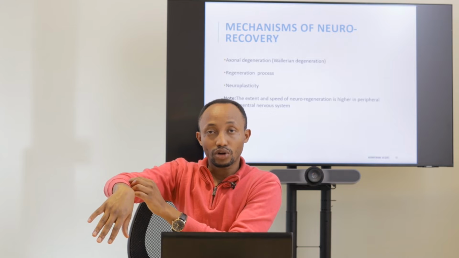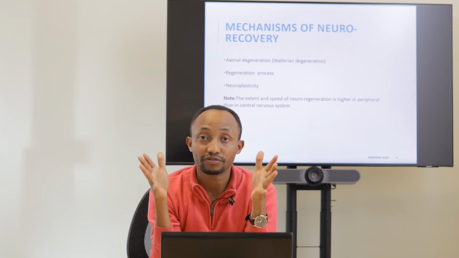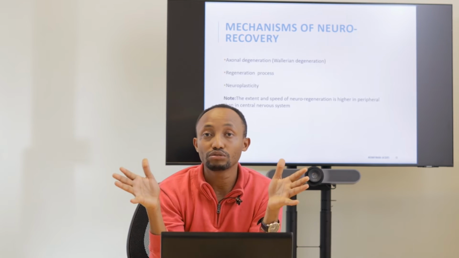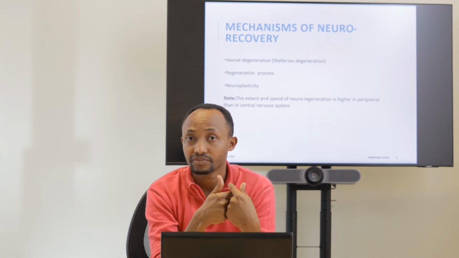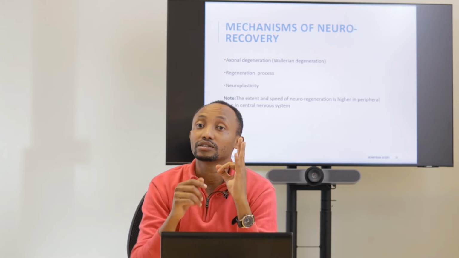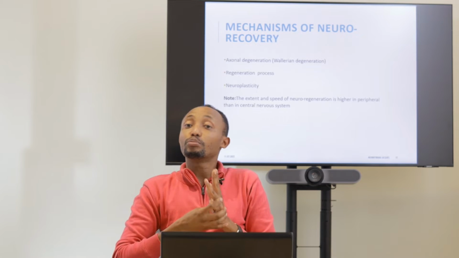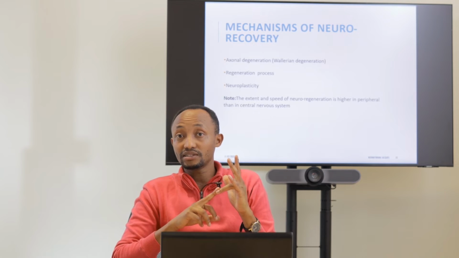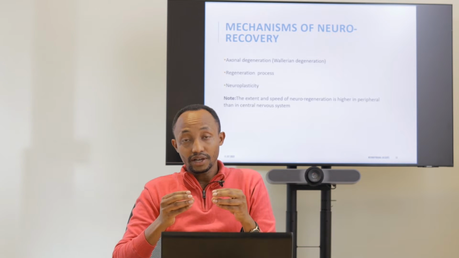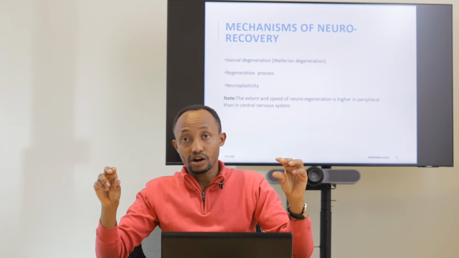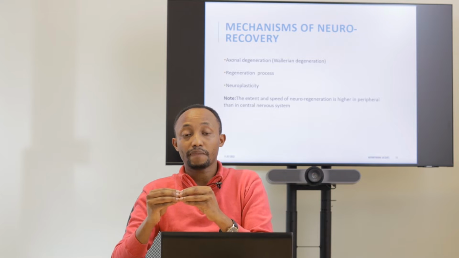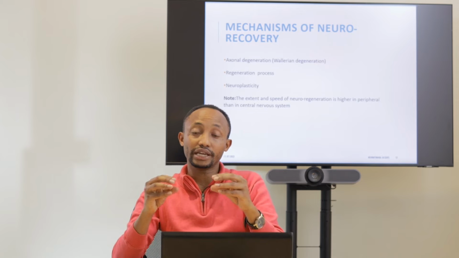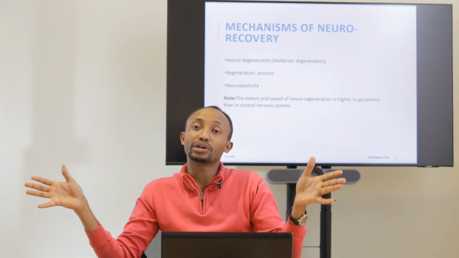That insult occurs depending on the degree of the injury. It can be a partial tear, a full tear, or just a compression. Like I just said, there are three types. In terms of compression, we mean neuropraxia. It's just a compression. Axonotmesis is where the axon of the nerve is damaged. In neurotmesis, both the axon and the surrounding structures are damaged and can be separated.